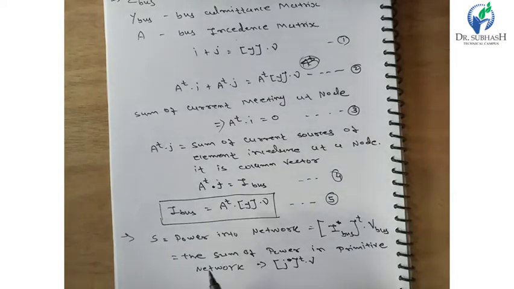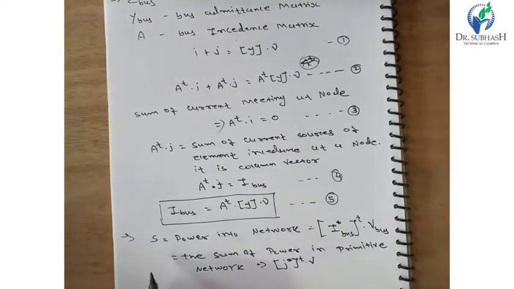The complex power S in the network is given for the power network sources, which is I star bus into T into V bus. It is also the same as the sum of power in a primitive network. Primitive network we studied in a previous video lecture. For the same purpose, it is known as J star T into V.